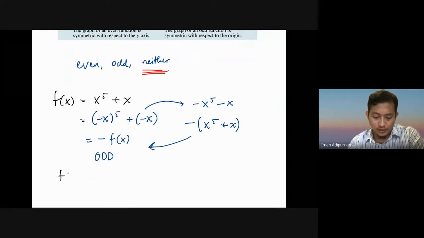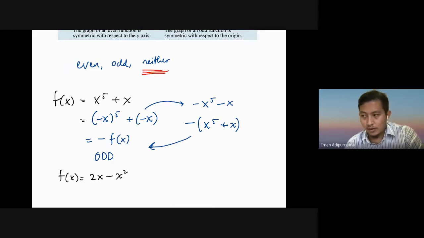But when you have, for example, 2x minus x squared, let's start to check the negative x.